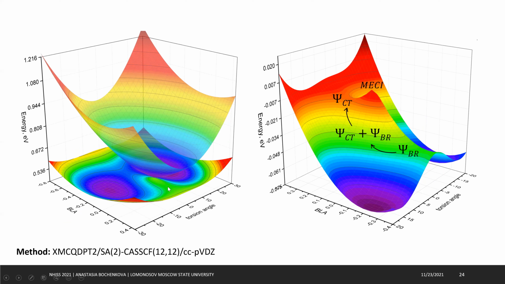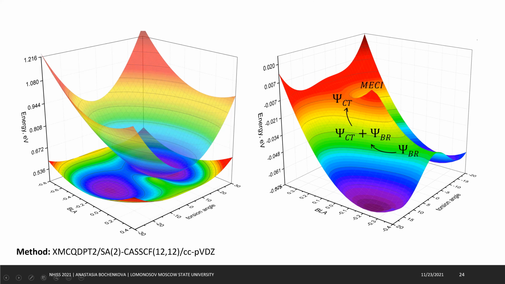So basically it's somewhere here and somewhere here. The transition states are then located using the XMCQ-DPT theory, and all points are located using this high level of theory. So here you can see the detailed view of this part of the potential energy surfaces in the ground state, which is close to the conical intersection.